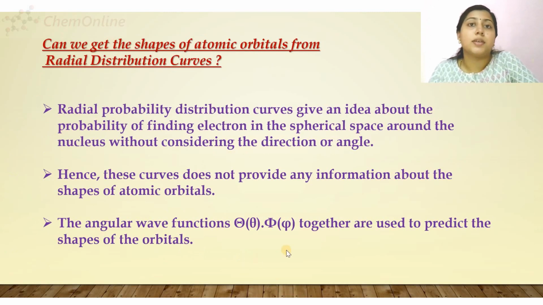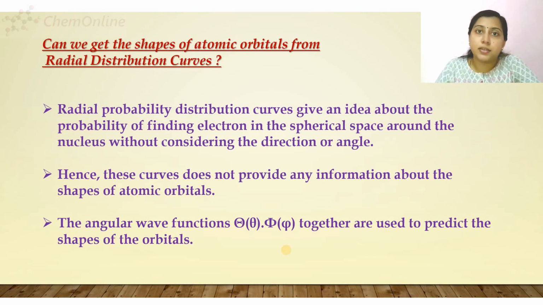The next question is, can we get the shapes of atomic orbitals from radial distribution curves? The answer is no. Radial probability distribution curves give only an idea about the probability of finding an electron in the spherical space around the nucleus without considering the direction or angle.